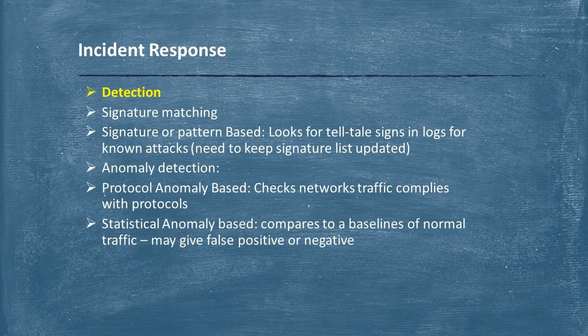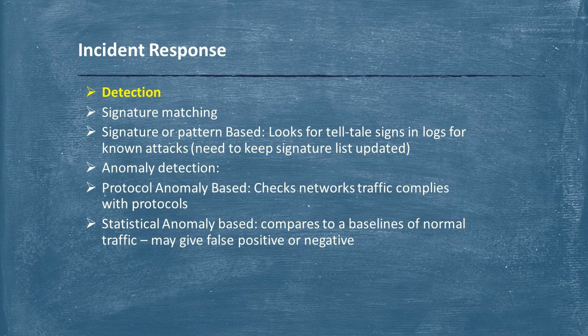In this session, let us take a look at the engine behind the IDS, the core engine. On what basis and how does it work? This is about the IDS engine. It will do pattern matching, signature or pattern based.